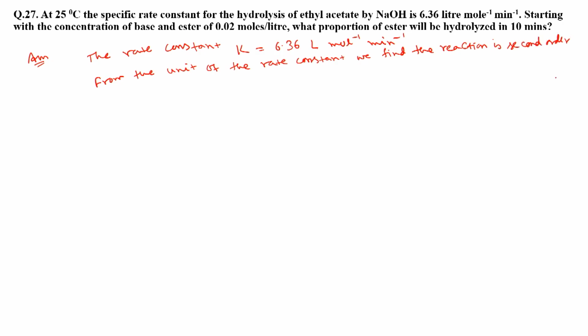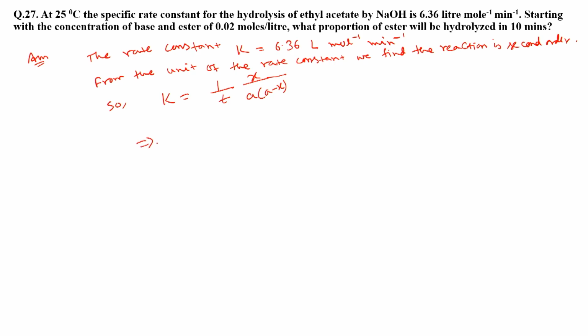For the second order reaction, the rate constant is in liter per mole per minute. So, from the rate law we write k is 1 by t times x by a times a minus x. a is the initial concentration, and x is the concentration at time t.